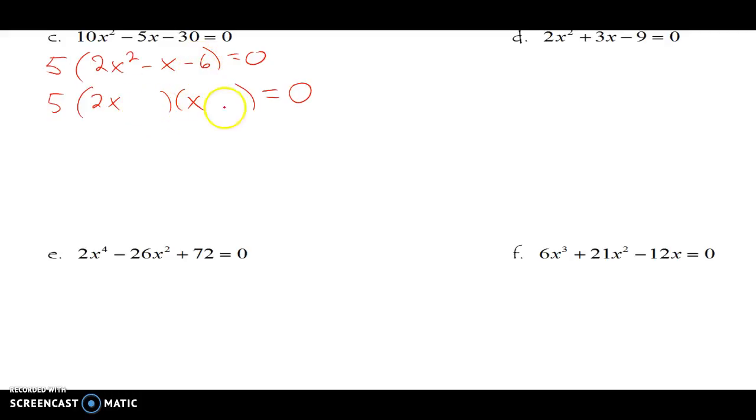We're going to use 2 and 3 to get 1 in the middle. So this would give me negative 4 plus 3, which when we add would give us negative 1, and that multiplies to give us negative 6. Notice we also bring down that GCF of 5. Now we have 3 factors. We set each factor equal to 0. This is the split part.